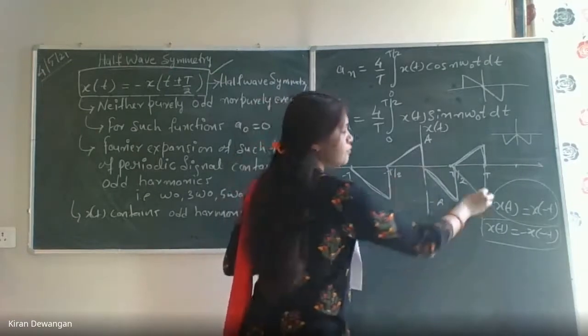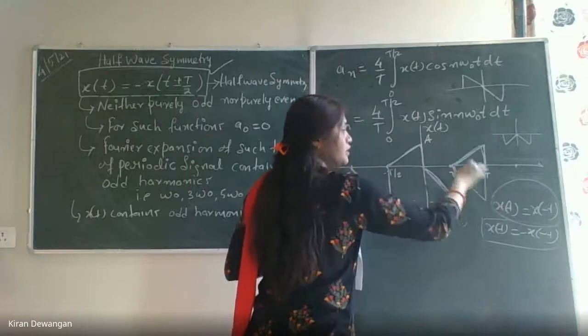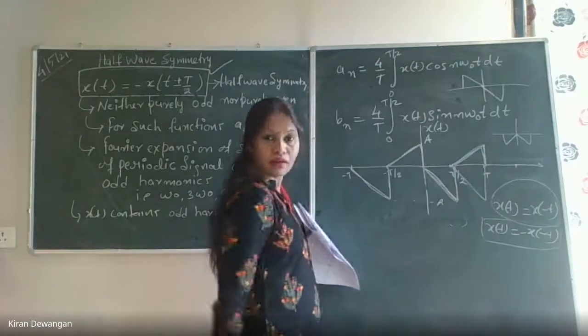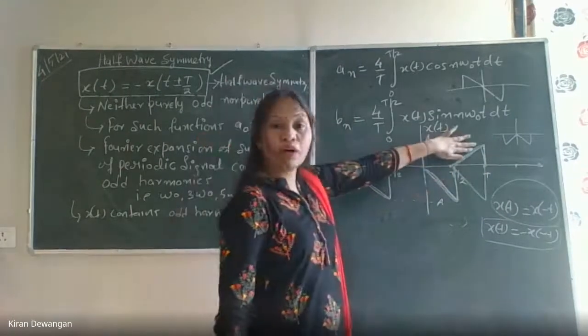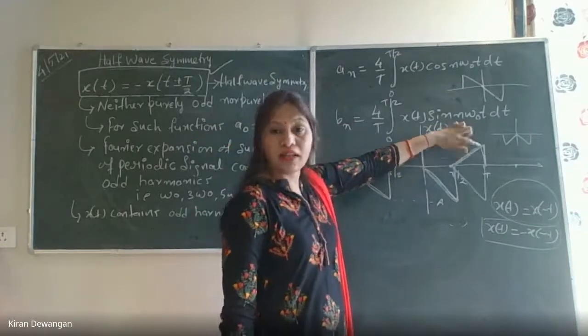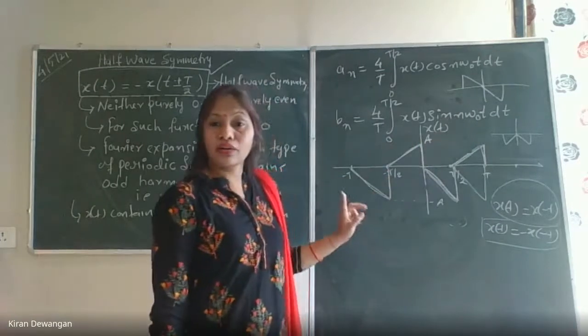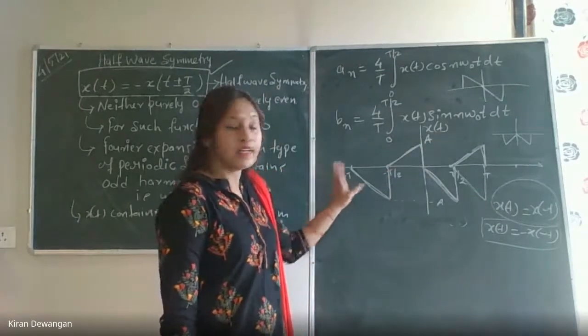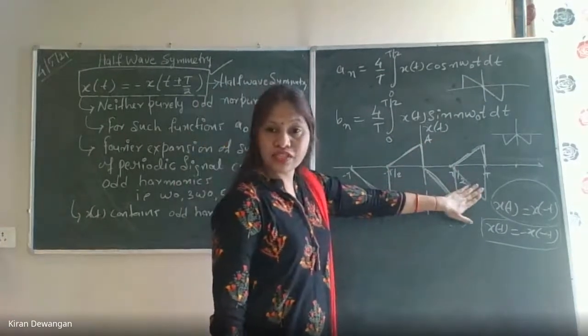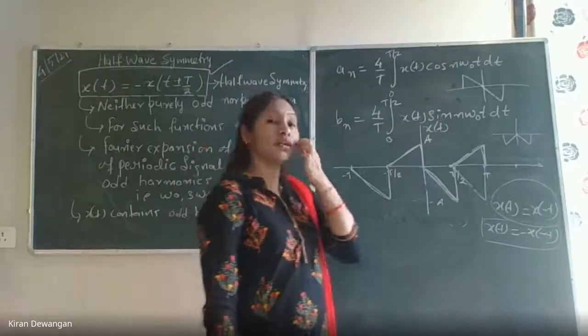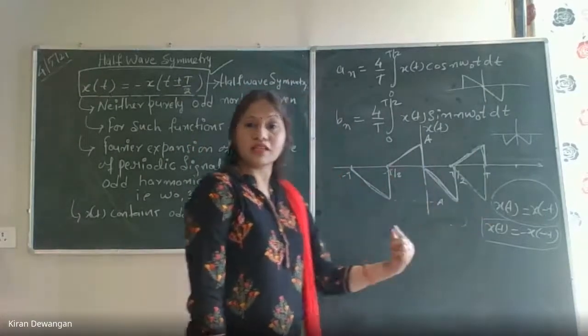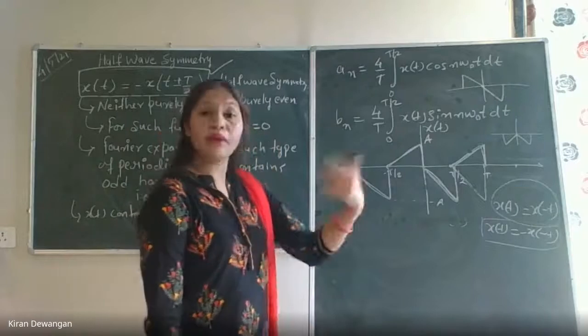With the minus, the entire plot will be shifted to this side, right? And that is my actual x of t. Is it becoming clear or not, students? It's clear, right? So that is what it is trying to say. If I am shifting it to t plus t by 2 or t minus t by 2, now let us change it for t minus t by 2.